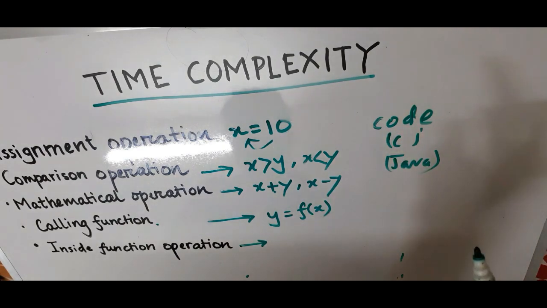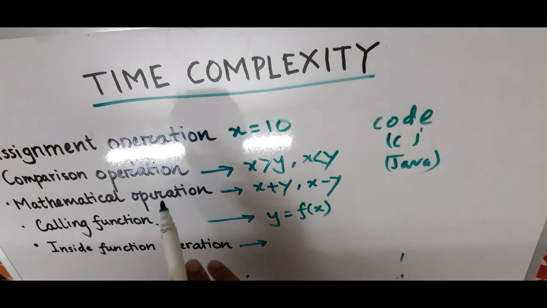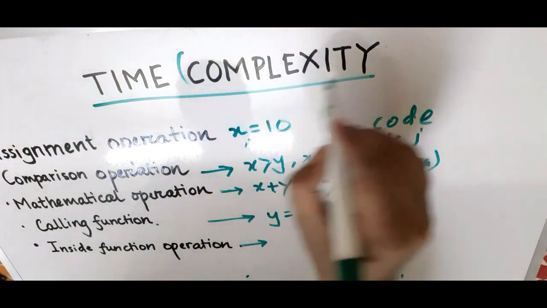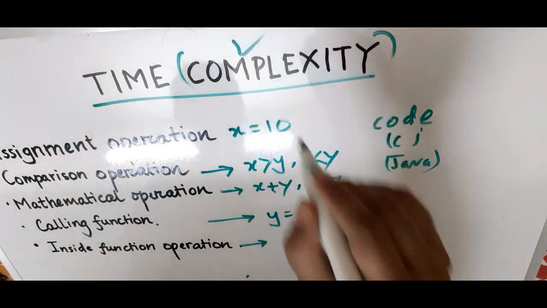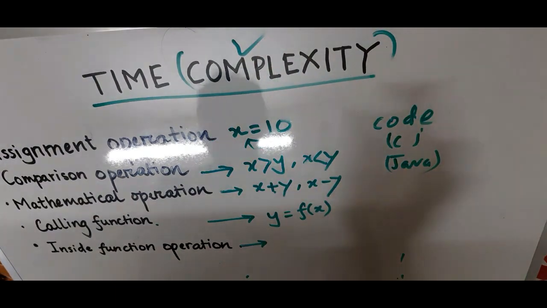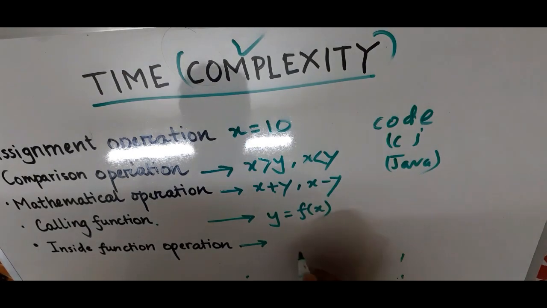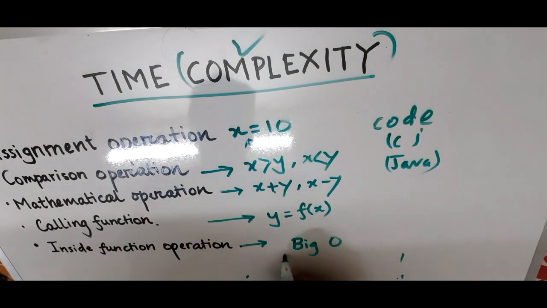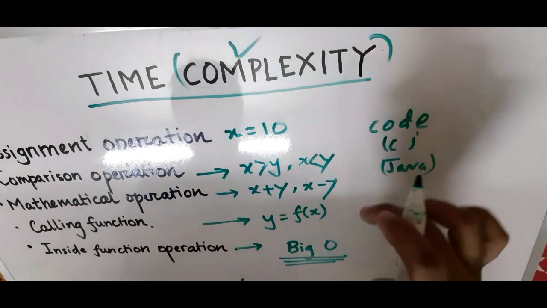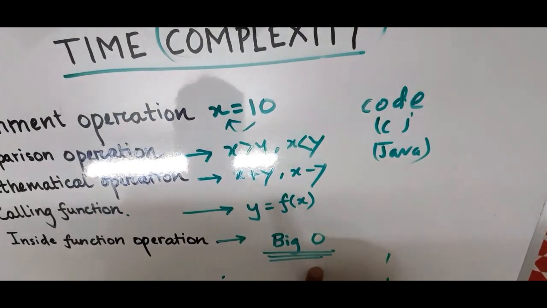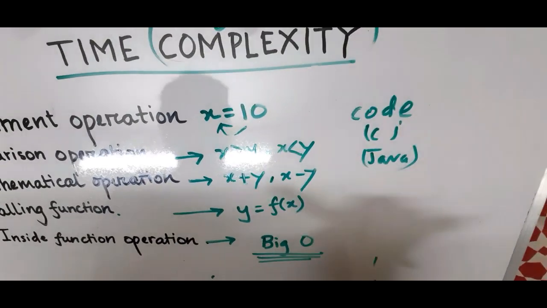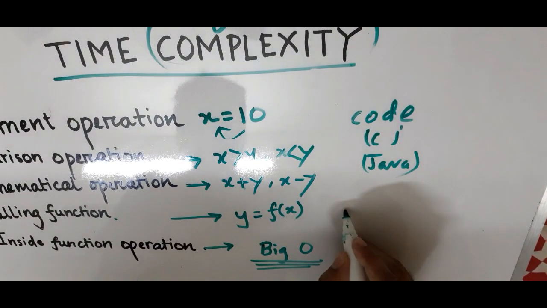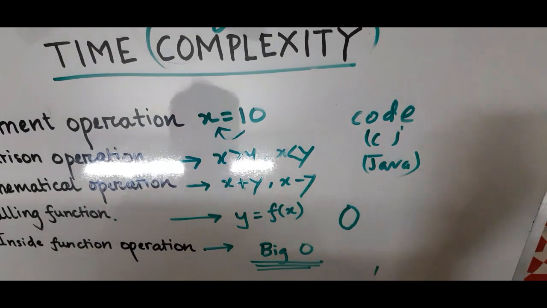When we are performing an operation, a complexity will be associated with this operation, right? This complexity is denoted with big O. We pronounce this one as big O, and it is denoted as this one, O.